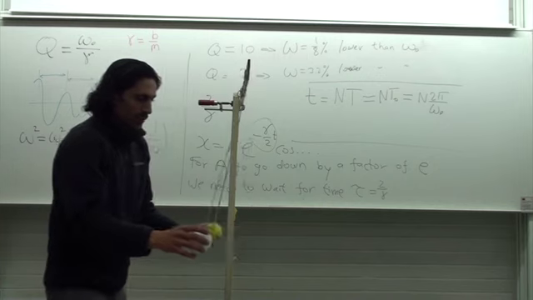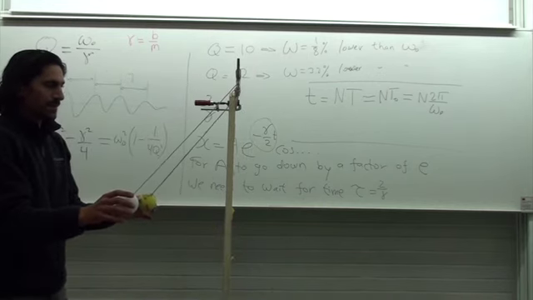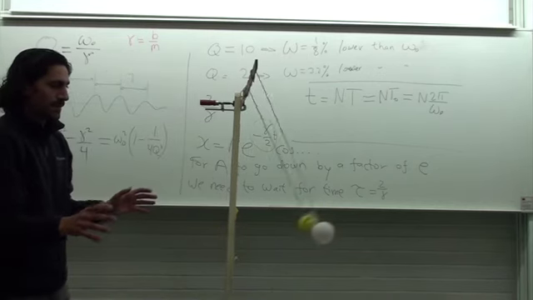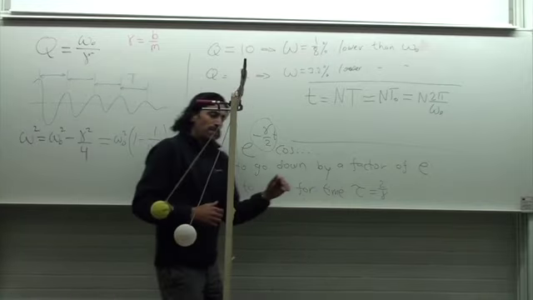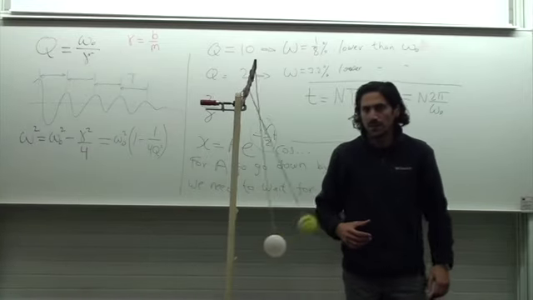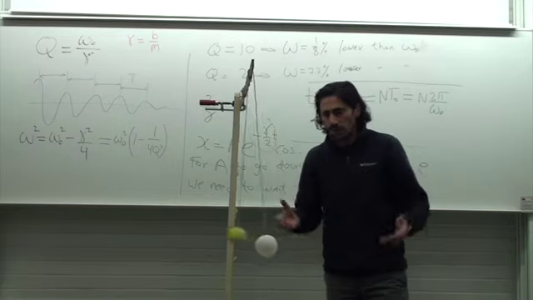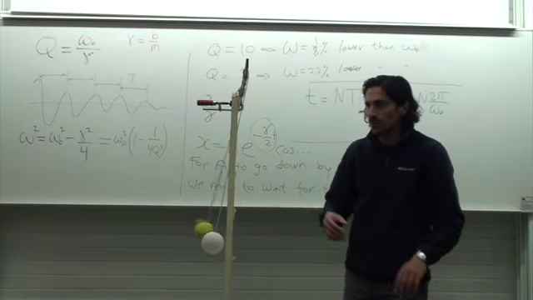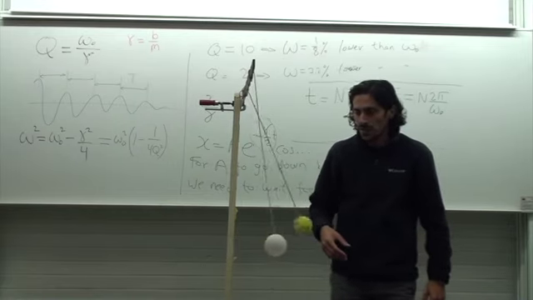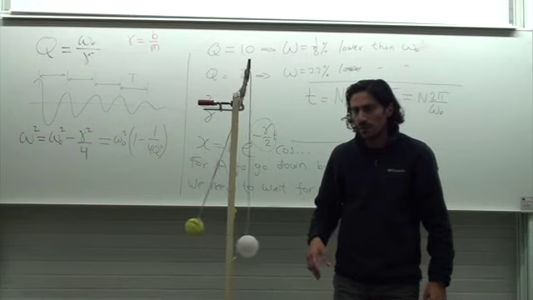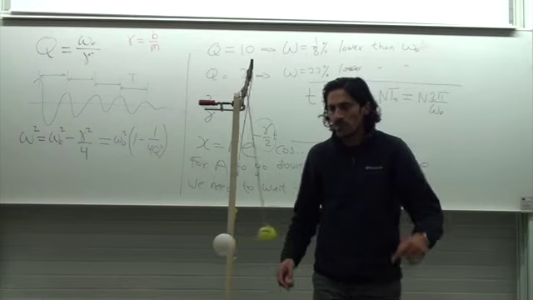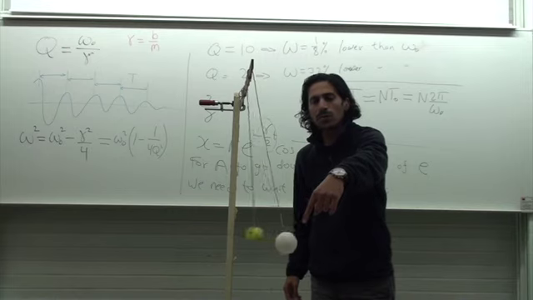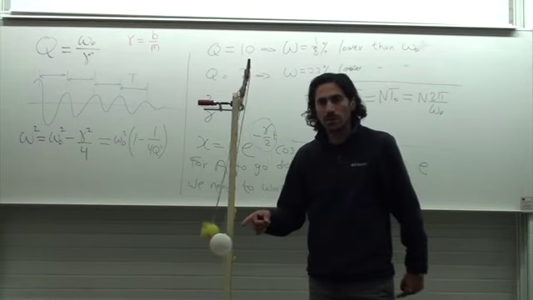Alright, I'm going to move both of them and release them at the same time. They start with the same amplitude. It is the same period, more or less. Differences also in the length. It's a qualitative demonstration. But you see, this already lost most of the amplitude. This one is still running.